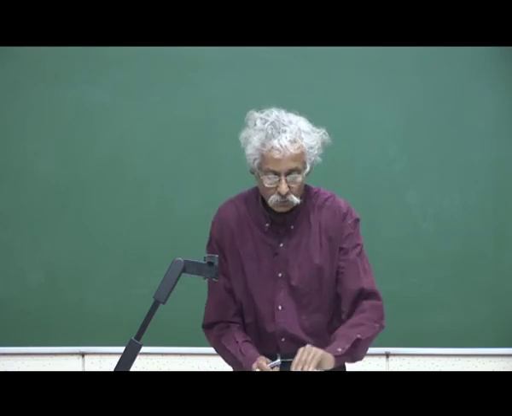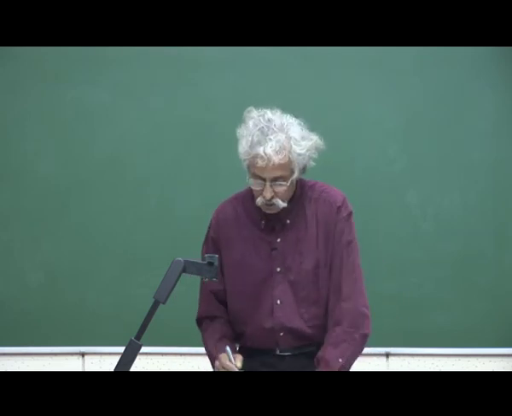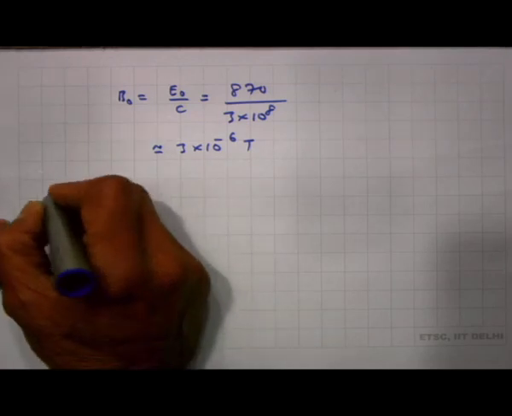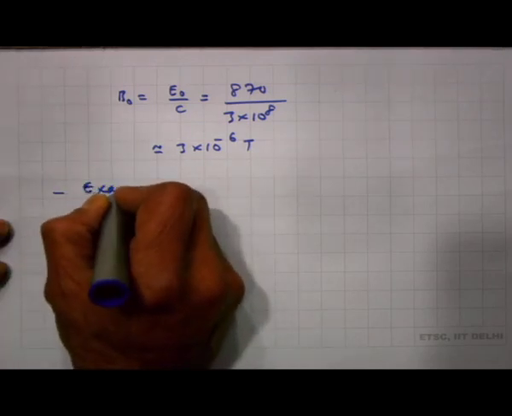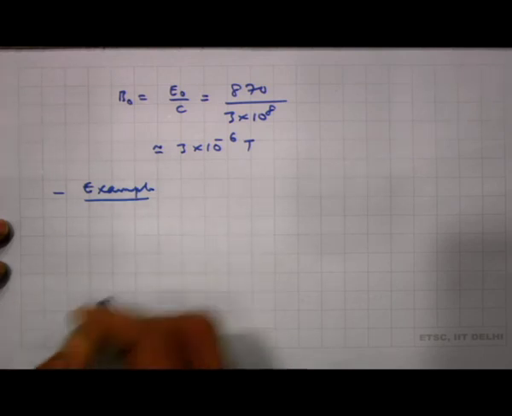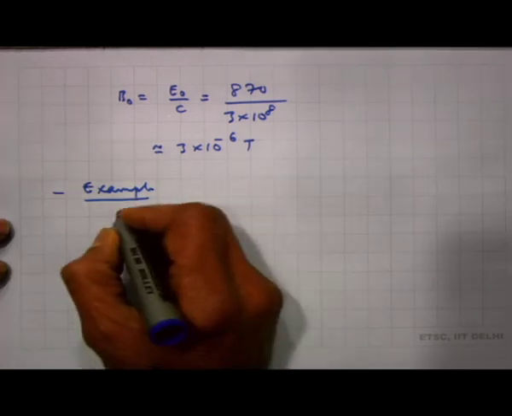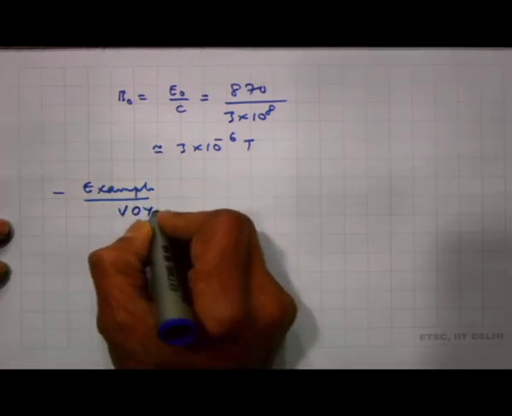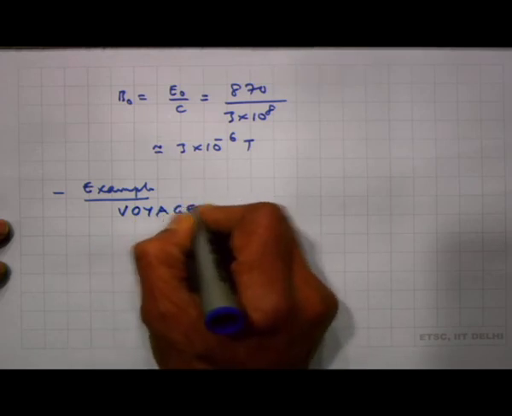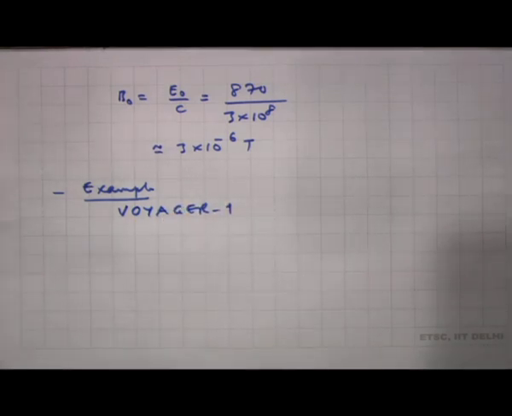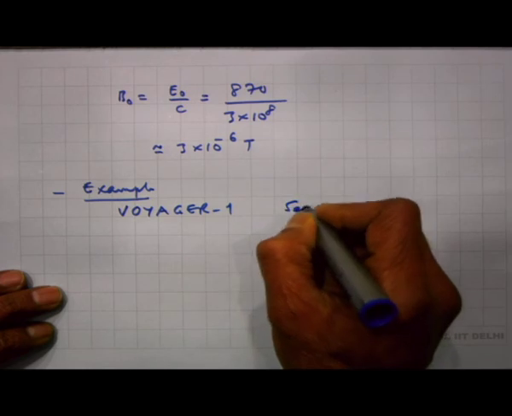Let me take another example. There was a satellite launched in September 1977, which is called Voyager 1.